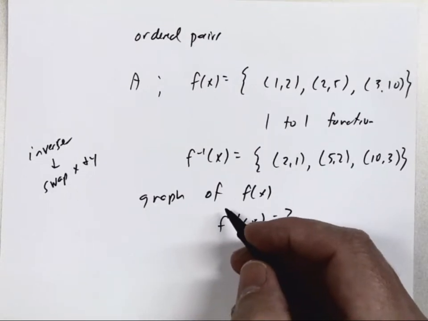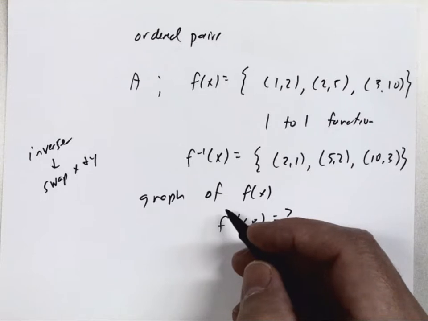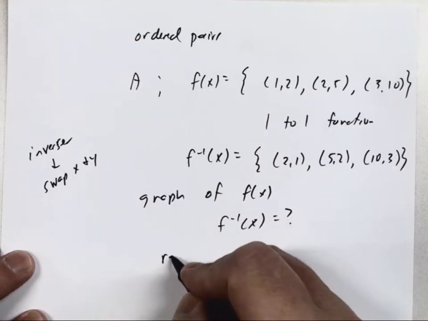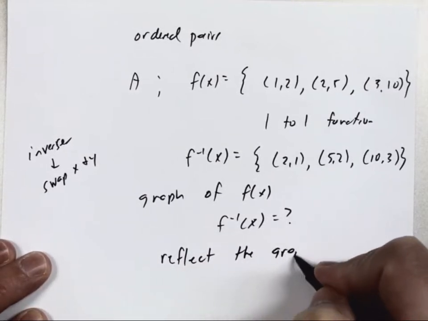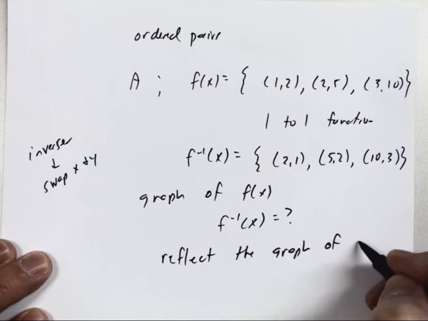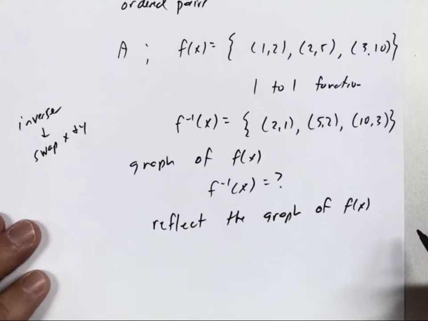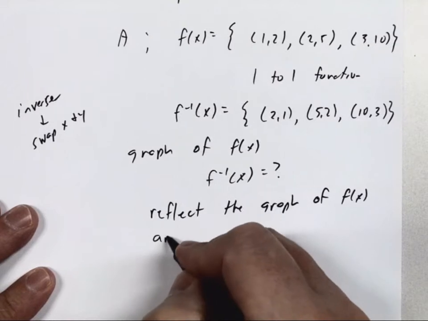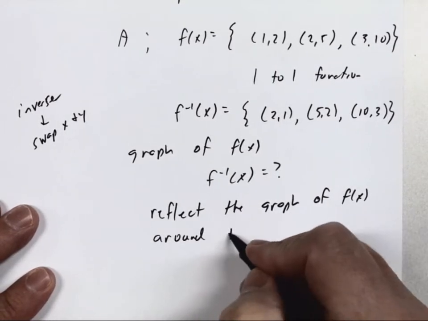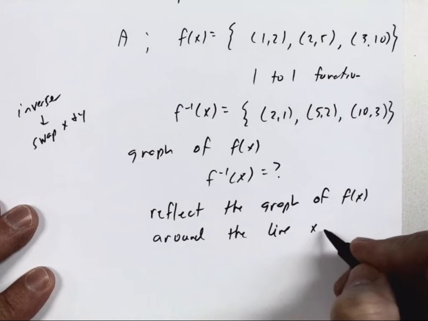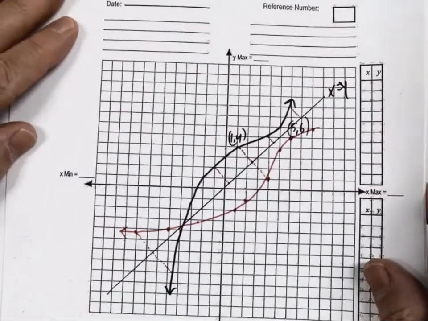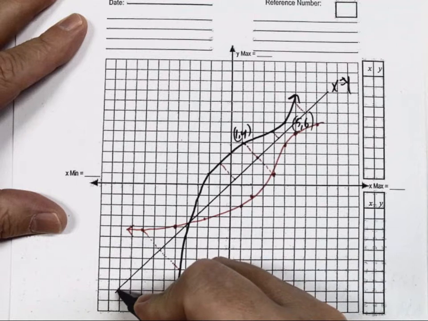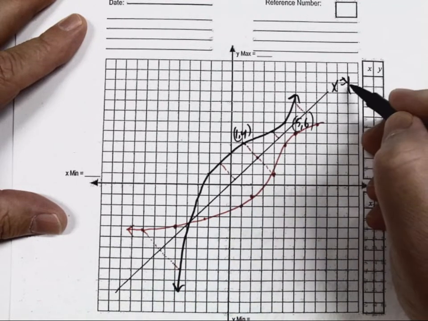You take your original function, the graph of it, and you reflect it around the line x equals y. What does that mean? Let me show you this graph. This straight diagonal line is the line x equals y.